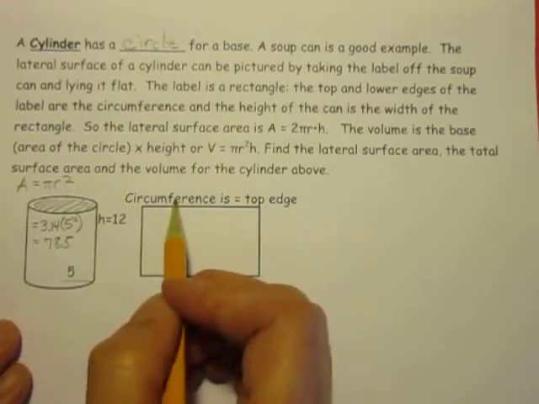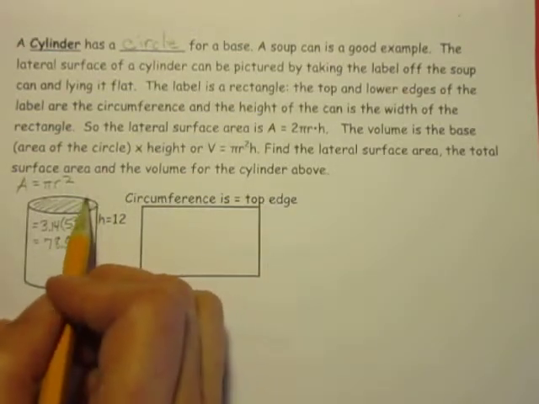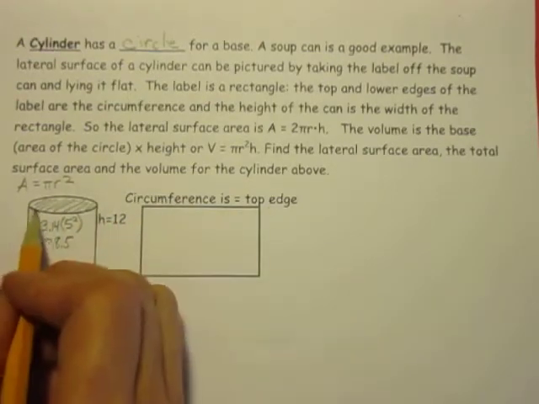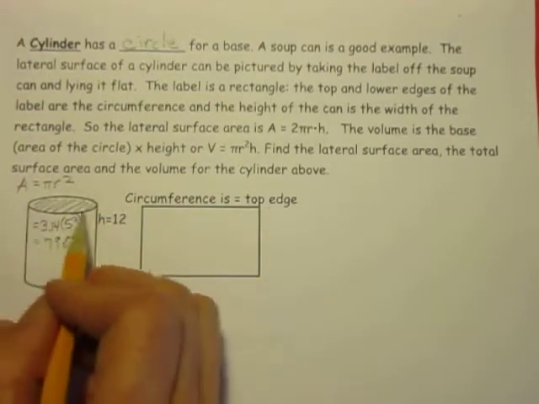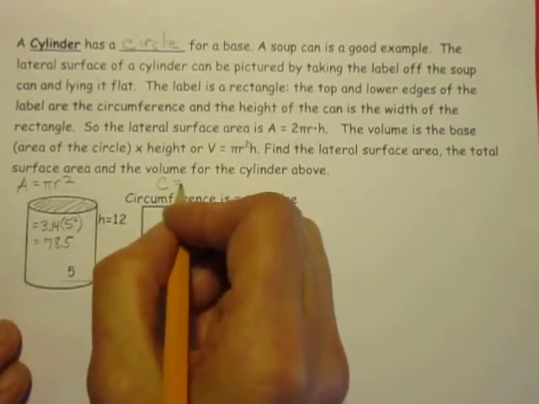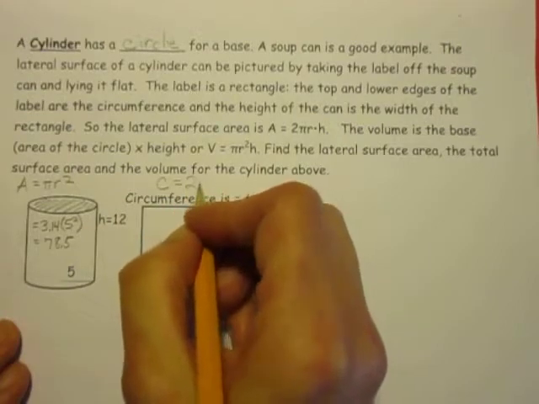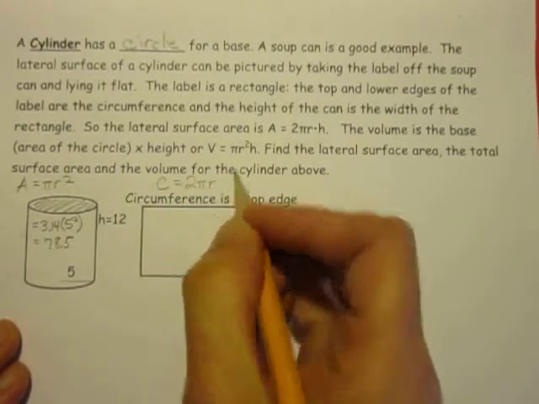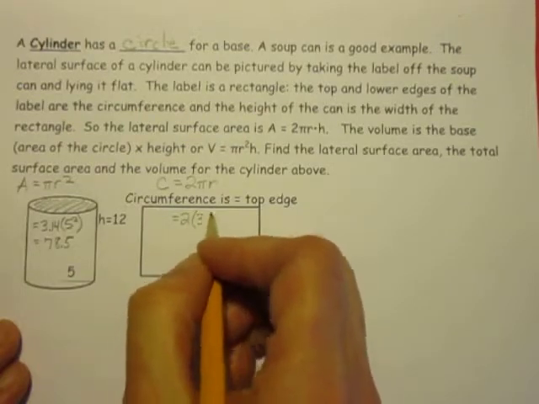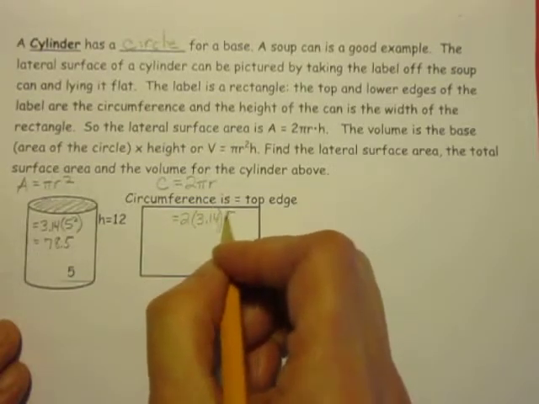Okay. We're also going to be using circumference, because remember, if I slit this thing open and lay it out flat, the top edge of the rectangle that is the label is actually the circumference. The formula for circumference is 2 pi r, because we're given the radius here. So I'll plug that in: 2 times 3.14 times our radius of 5.